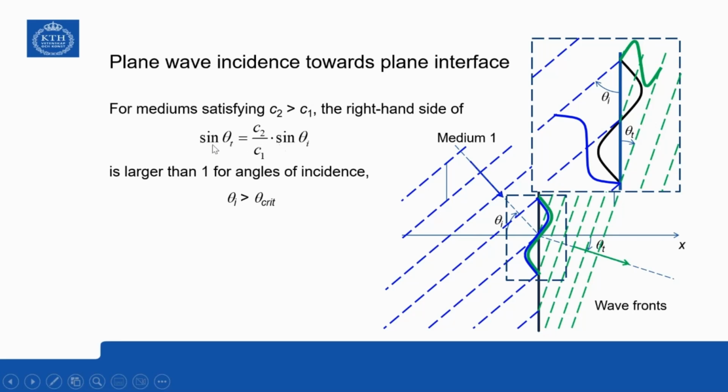And then for sine theta t, this equation has no real valued solutions. So that means that we have a critical angle for which the right-hand side is equal to 1. And that is the maximum allowed angle of incidence for the existence of plane waves on the transmission side. And that is denoted the critical angle.